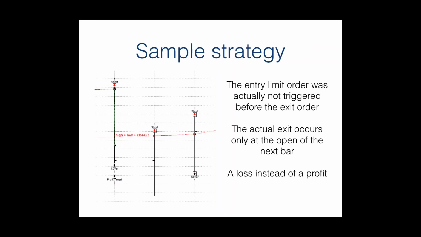Therefore, instead of exiting with the target, with the profit, in reality, this strategy would have exited with a loss at the open of the next day. Even without discussing various issues associated with placing orders at exactly the open of the market, it's clear that allowing multiple orders at the same bar may change the hypothetical performance so dramatically that it may become useless.